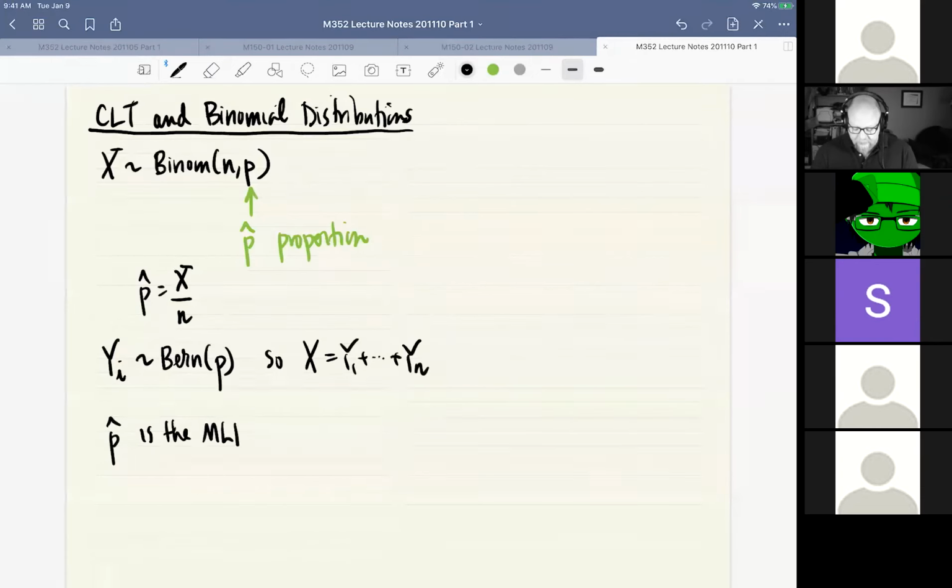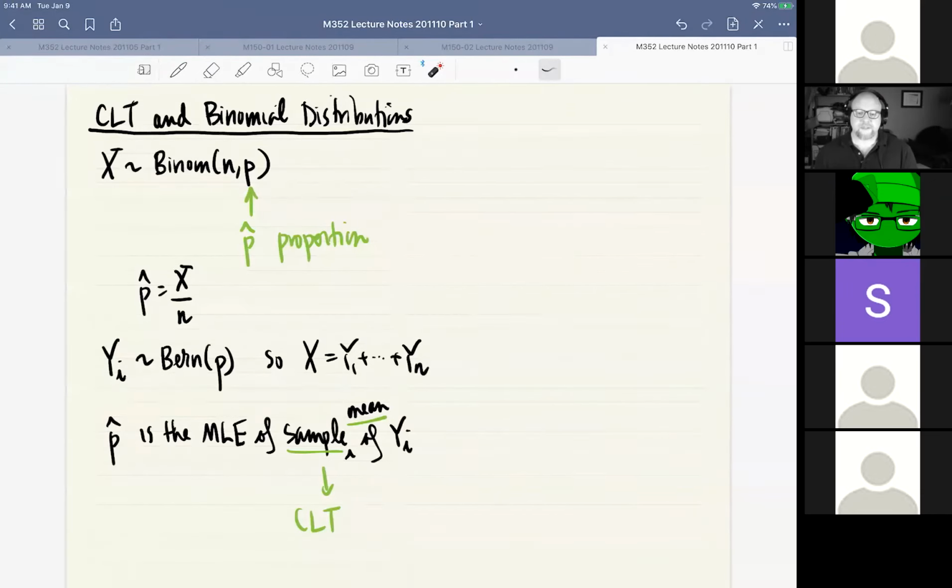It's the maximum likelihood estimator of the sample mean of the Bernoulli trials. Because it's a sample mean, we can apply the central limit theorem to this estimator for proportion.